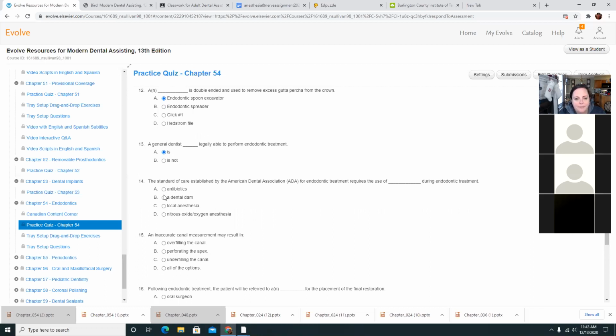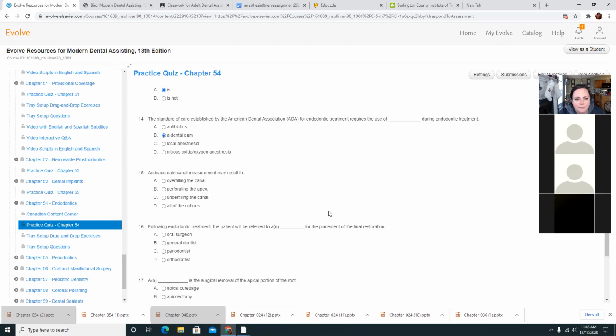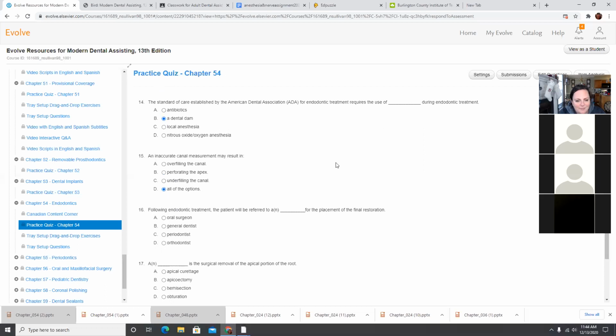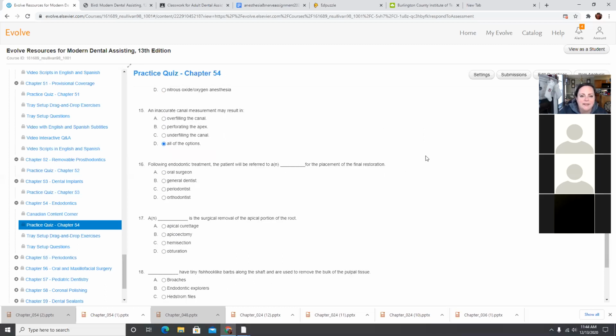B. An inaccurate canal measurement may result in perforating, or all of the options. All of the options, yeah. Following endodontic treatment, the patient will be referred to a blank for the placement of the final restoration. B.